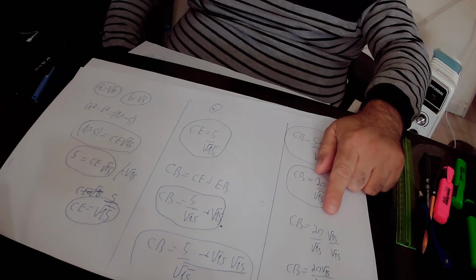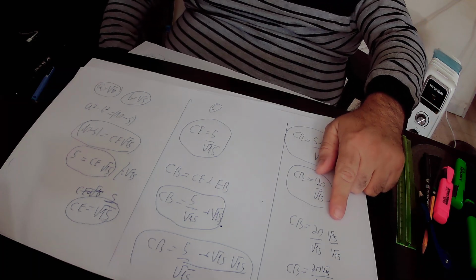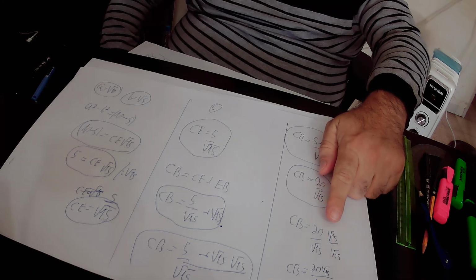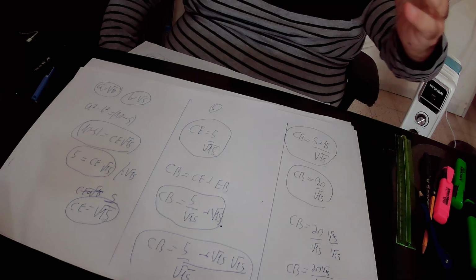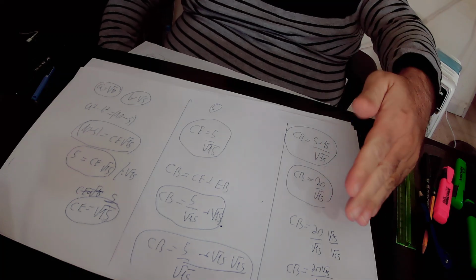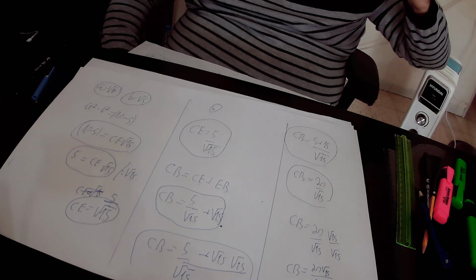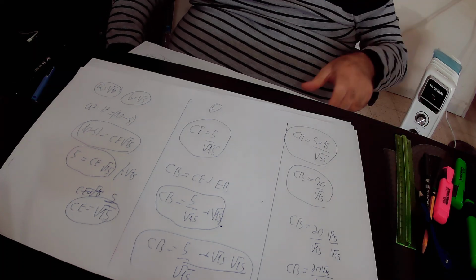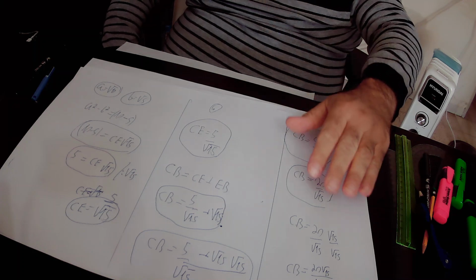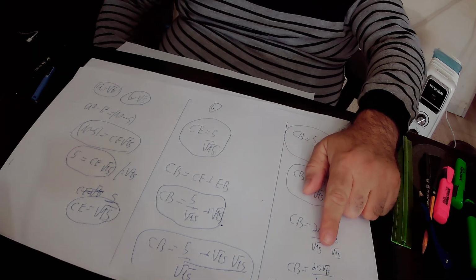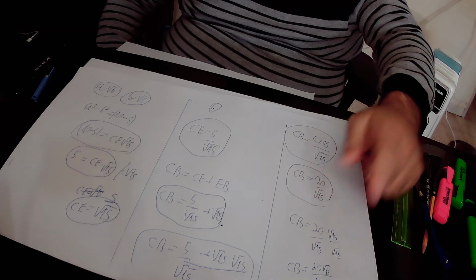So in the numerator we have 20 times the square root of 15. In the denominator, we have the square root of 15 times the square root of 15, which is 15. This way, as you can see, we eliminated the square root. We left only 15 without the square root. Okay, so in conclusion, we found that CB equals 20 times the square root of 15 over 15.